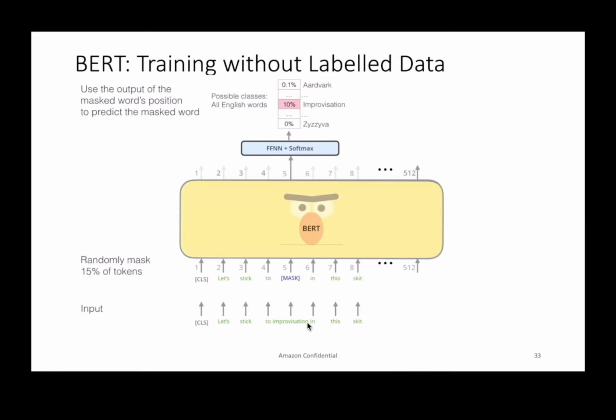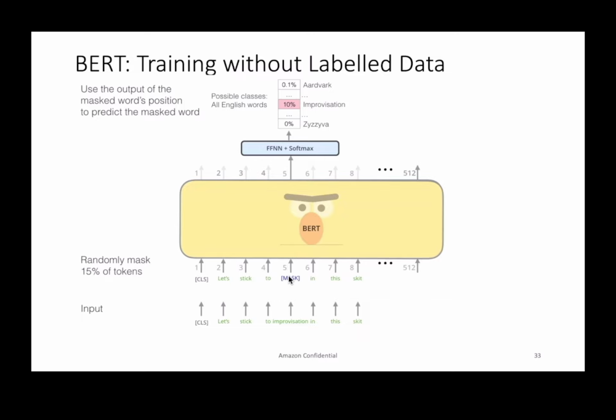You mask one or two words from this sentence, and you will say, let's stick to mask in this kit. And now the BERT model's responsibility is to predict what this mask was. What was the word which was basically hidden from it?